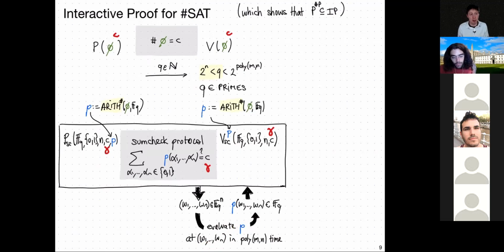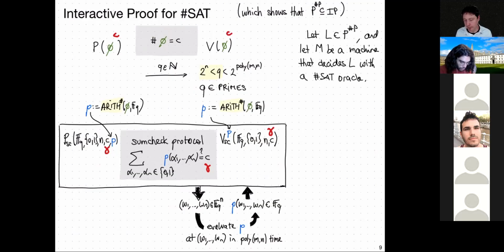You arithmetize the Boolean formula, you have the arithmetic circuit, you just evaluate it and return the answer. So this is how you can have an interactive proof for claiming the correct number of satisfying assignments of a Boolean formula.